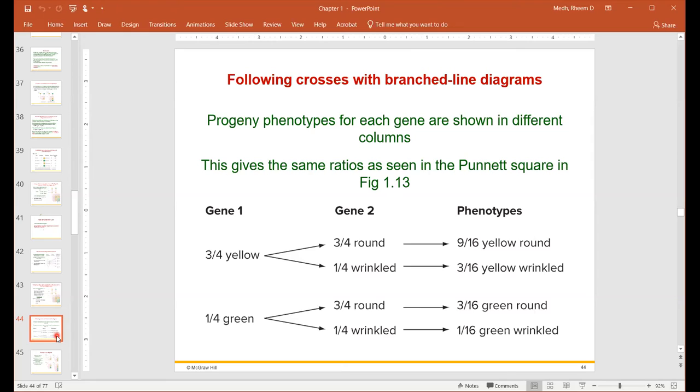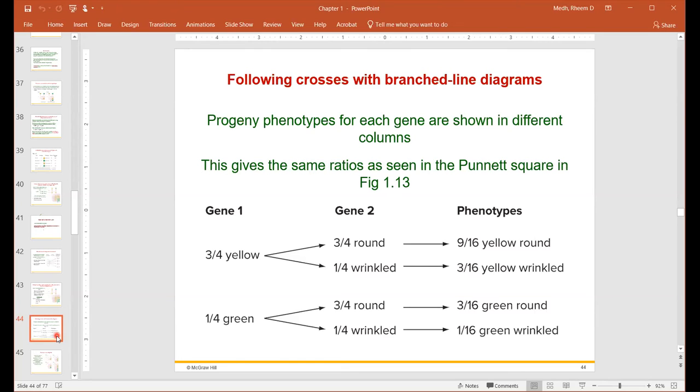Out of this cross, you can just do the yellow first, and you know that 3 out of 4 will be yellow, right? Out of those 3 out of 4, how many will be round? Again, 3 out of 4 will be round, and 1 out of 4 will be wrinkled.